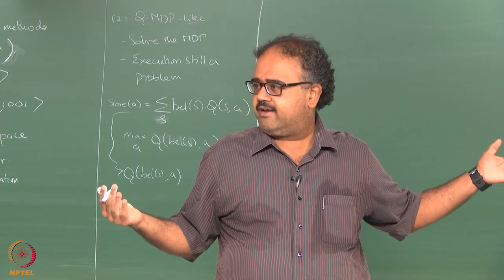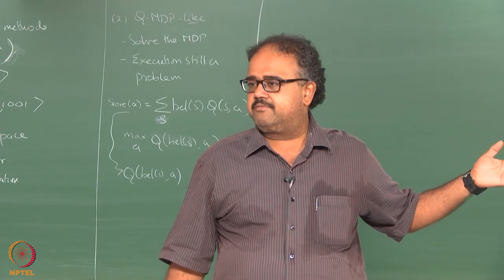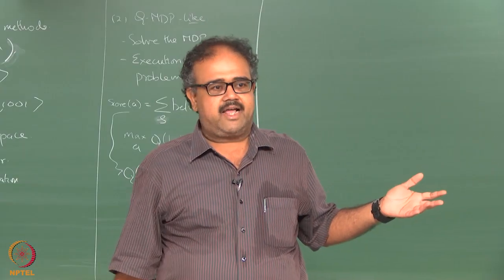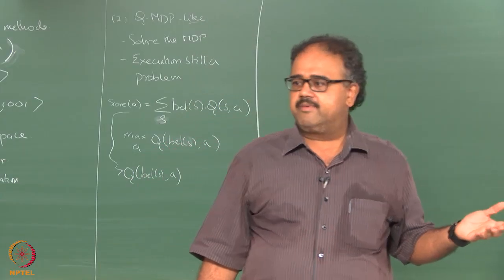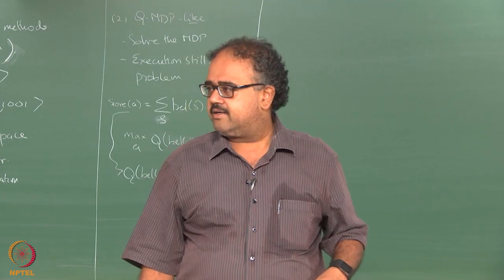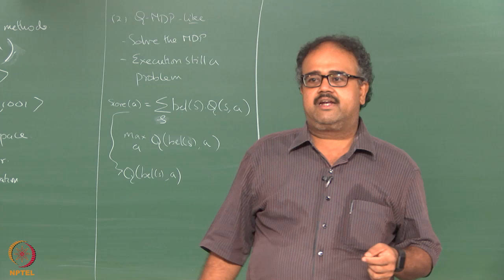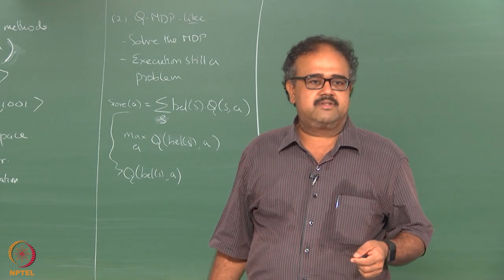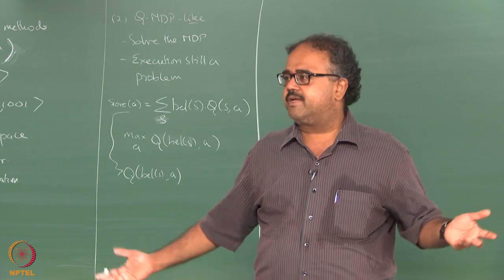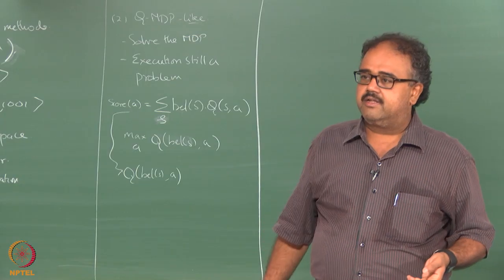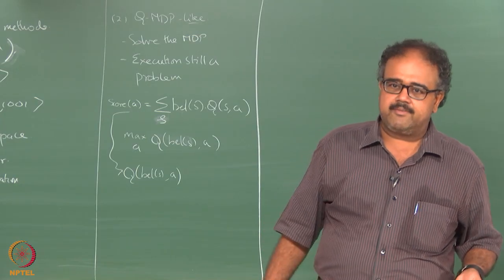I know the previous belief state, and my current action will determine what my next belief state will be. If I know the previous belief state, the observation, and the current action, I'll know what the next belief state will be. So now it becomes an MDP. I can solve it. And what's the problem with solving that MDP?